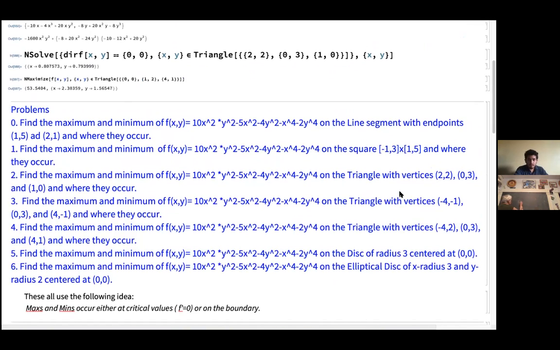So f of x and y is equal to 10x squared y squared minus 5x squared minus 4y squared minus x to the 4th minus 2y to the 4th.